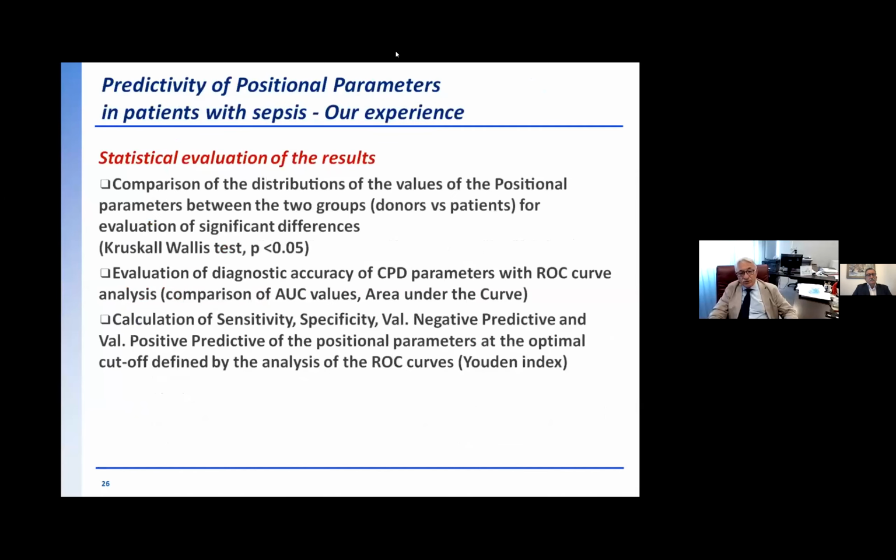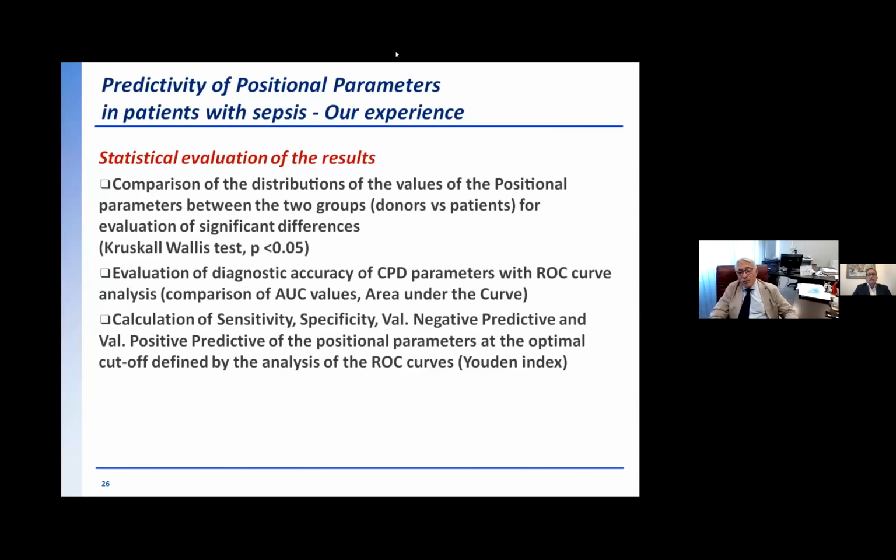parameters were studied and assessed in these two groups, namely the donor group and the patient group, using the Kruskal-Wallis test to assess the statistical significance of parameters observed in the donor population and the patients.